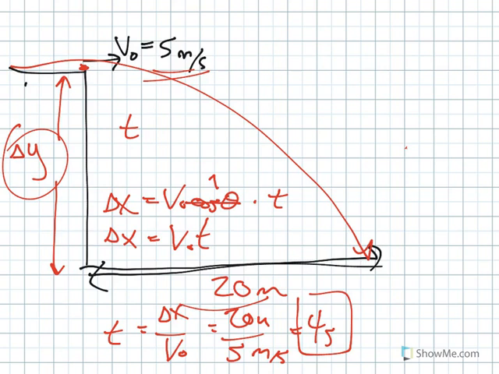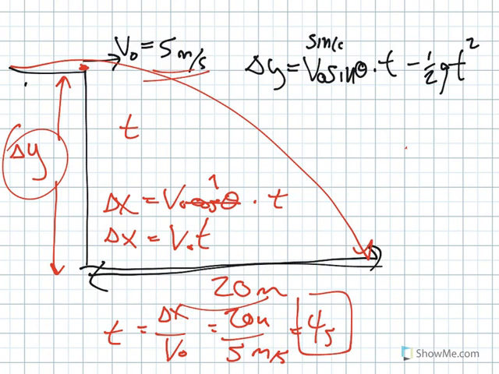But let's go ahead and look at this in terms of these equations. So delta y is v naught sine theta times t minus 1/2 g t squared. Sine of 0 is 0, and 0 times anything is 0. So that whole first term goes away.